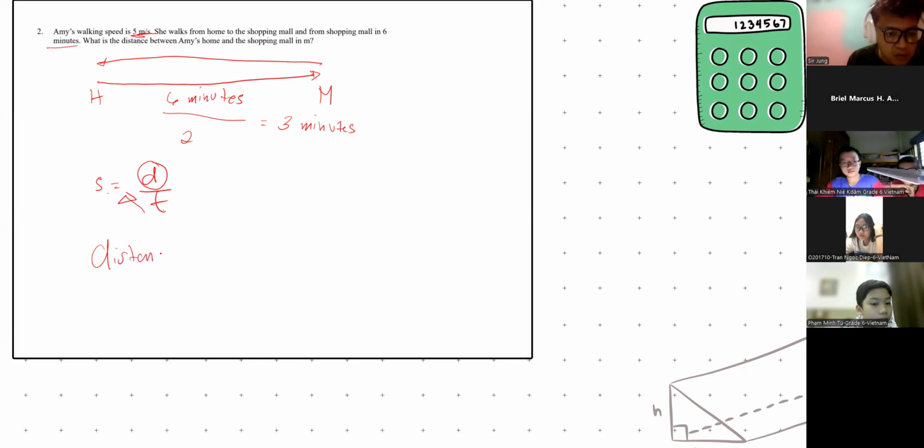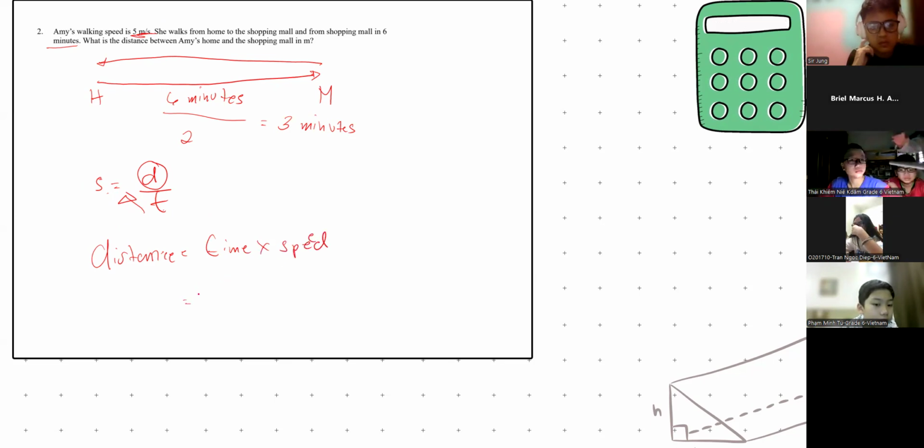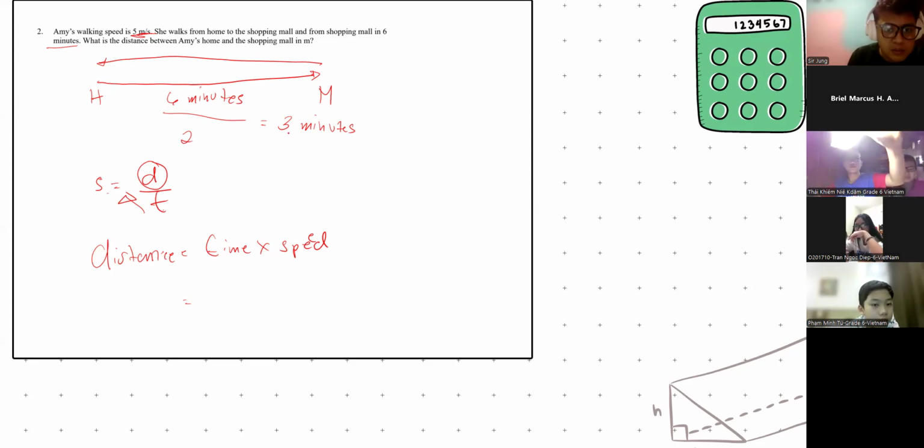Distance is equal to time times speed. Since this is 3 minutes, we need to convert it into seconds. So 3 minutes is equal to 180 seconds.